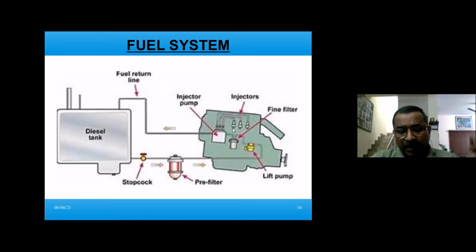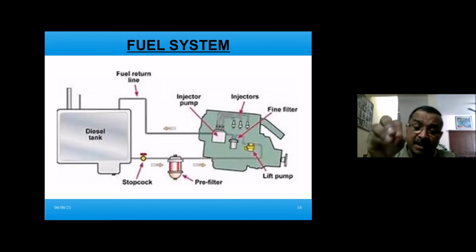Actually, while going through the very fine pores of these injectors, the diesel will get atomized, so that all the diesel being pumped into it will be burnt in the third stroke, or power stroke, and no fuel is kicked out unburned.